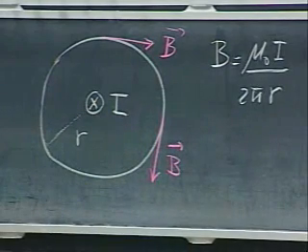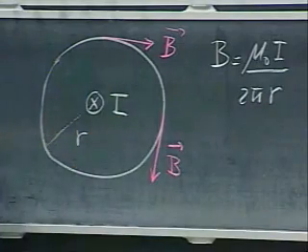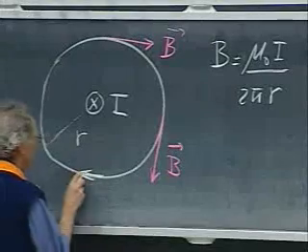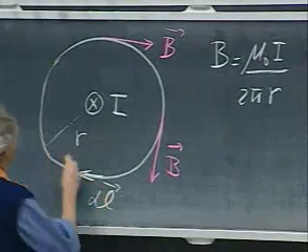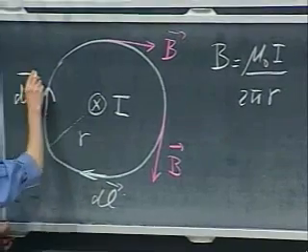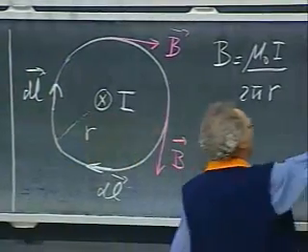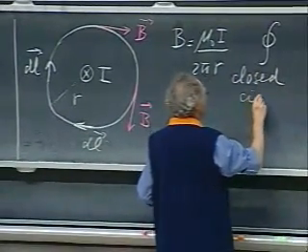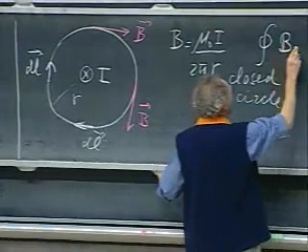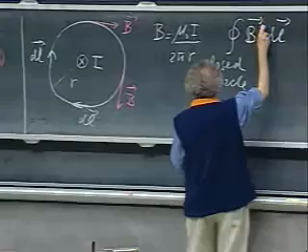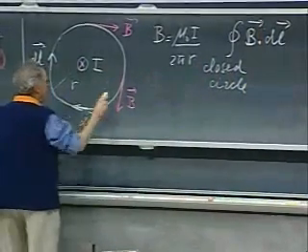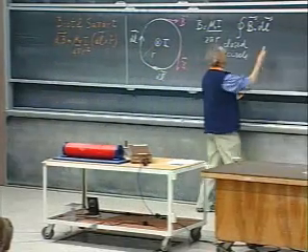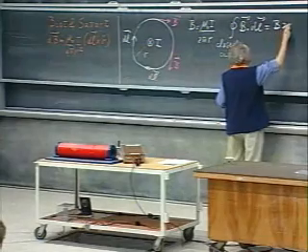If you walk around this circle, and you carve up this circle in little elements dl, and you calculate the closed circle integral of B dot dl, so everywhere locally you dot B with dl, but B and dl are in exactly the same direction everywhere, then you would find that this obviously is B times 2 pi r.